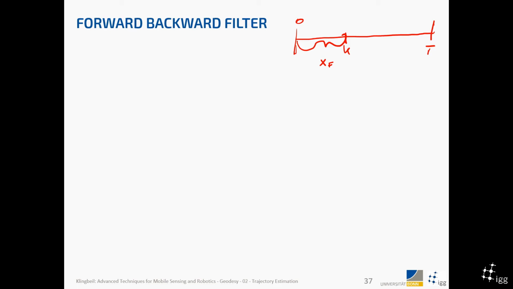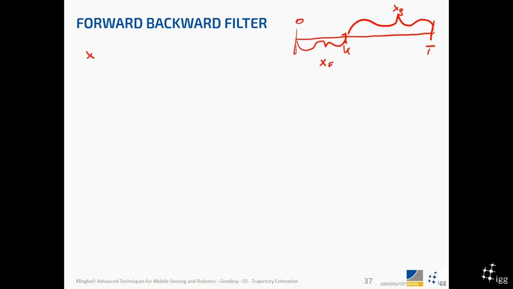And I can also run in parallel another Kalman filter, which we call XB, which runs backwards in time from here to that position k. So there are two filters, one forward filter from here to here and one backward filter from here to here. And the idea is if I now combine the backward filter estimate at that time with the forward filter estimate at that time, then this is something which uses all available measurements.